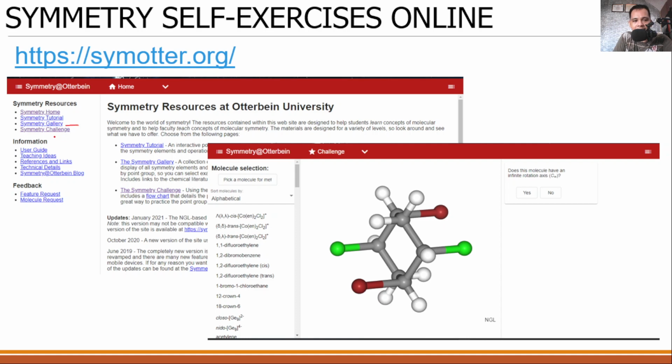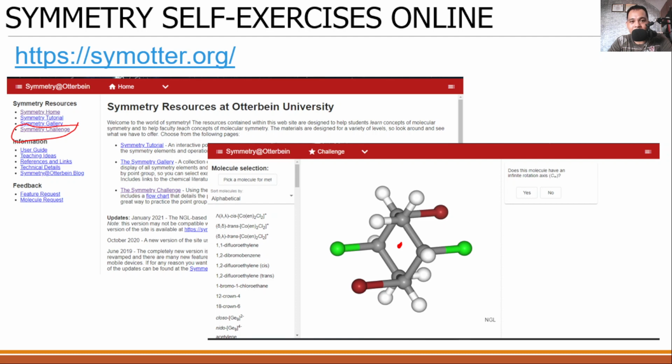Just go to this site and you will see a vast number of different molecules that you can rotate to determine their point group. By the way, this was introduced by my professor at the University of Santo Tomas, Dr. Carlos P. Garcia. Hello, sir.